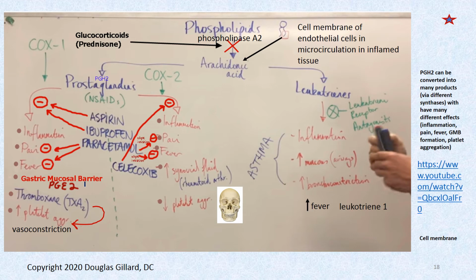Gastric mucosal barrier, we talked about PGE2. PGE2 is made from prostaglandins as well. So I'm not going to go over this whole thing again, but it's cut right at the root. It does not let arachidonic acid turn into leukotrienes or into prostaglandins, so you snuff out all this stuff. So it's a very powerful type of anti-inflammatory.